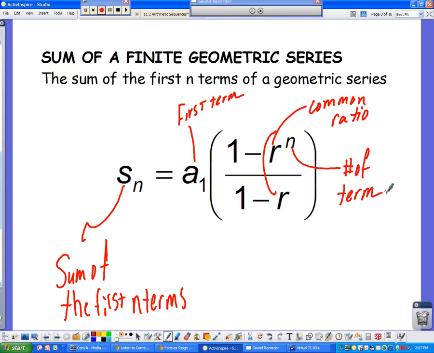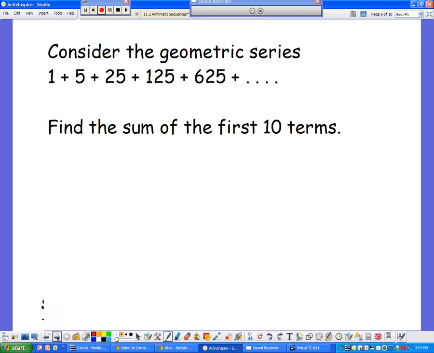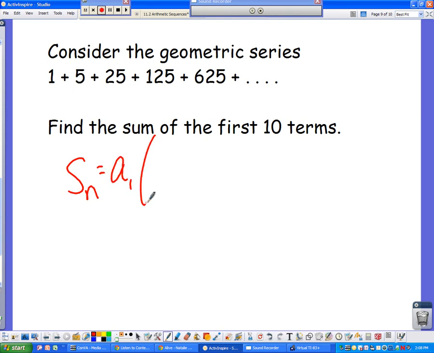Okay, so let's take a look at the next one real quick. So consider the geometric series for the first 10 terms. Now if you'll notice really quick, my series was s sub n equals a sub 1, 1 minus r to the nth power, all over 1 minus r.